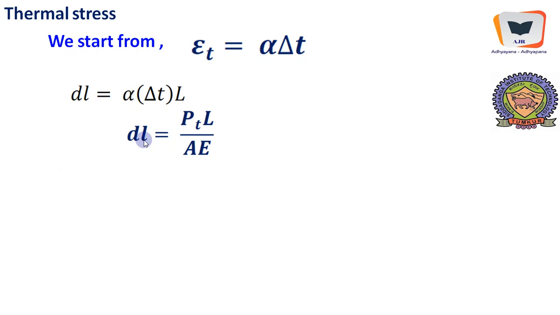Now, change in length is also given by PL by AE. Here it is PT, the thermal force, PT into L divided by AE. And we will replace PT by A to get the thermal stress.